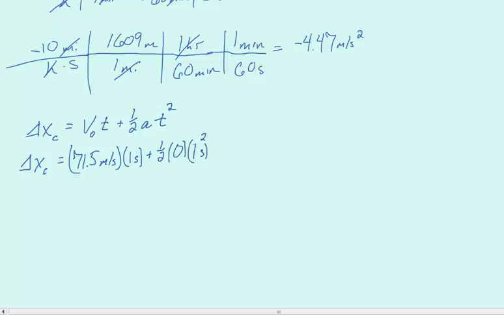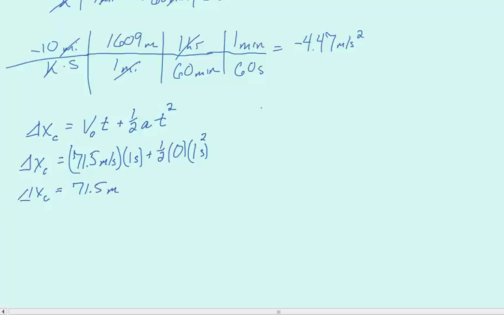Since our acceleration is 0, this part of our equation will be equal to 0. So our change in displacement when the plane is coasting will be equal to 71.5 meters.